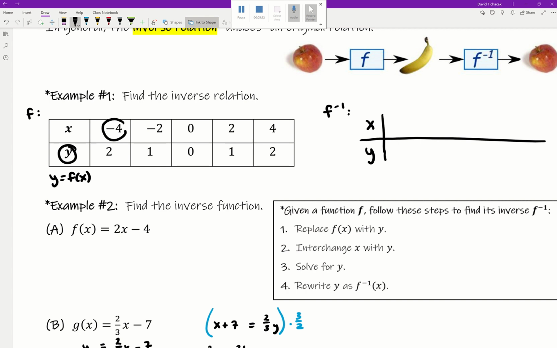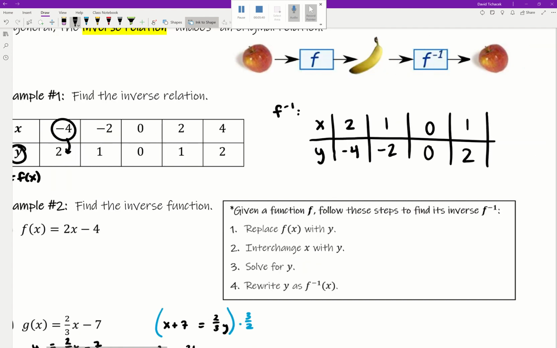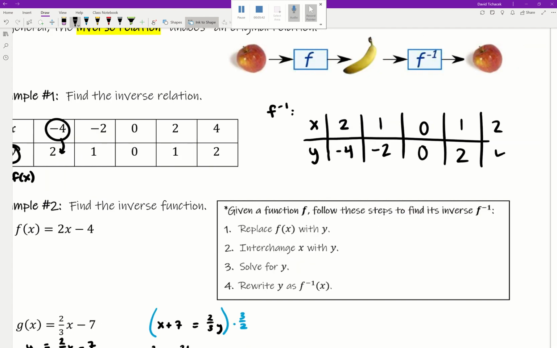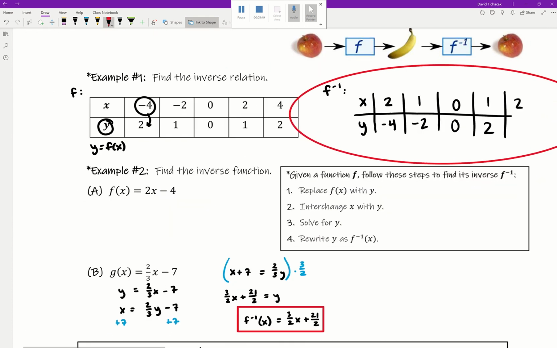So if originally we had an input of -4 mapping to an output of 2, I'm going to swap those coordinates, and I'm going to say now the input for my inverse machine is a 2, and the output would simply be -4, okay? And it's the same thing going on through here, so I'll make that a quick process, just swapping those coordinates. 0, 0 would swap to 0, 0, and then we would have 1, 2, and then finally 2, 4. So just remember that when you're dealing with an original function and its inverse, you have this swapping of the coordinates that we need to account for, okay?